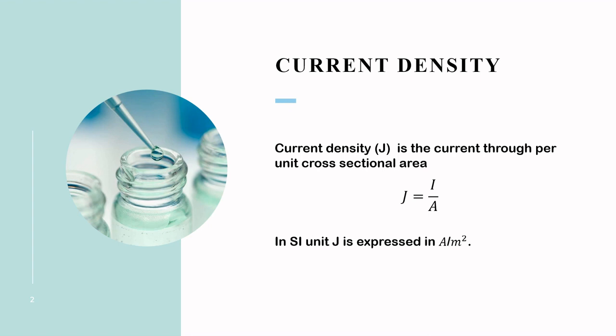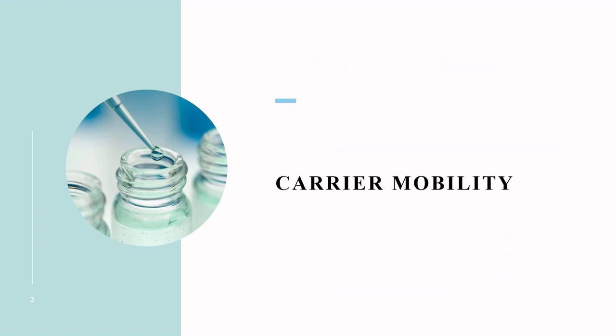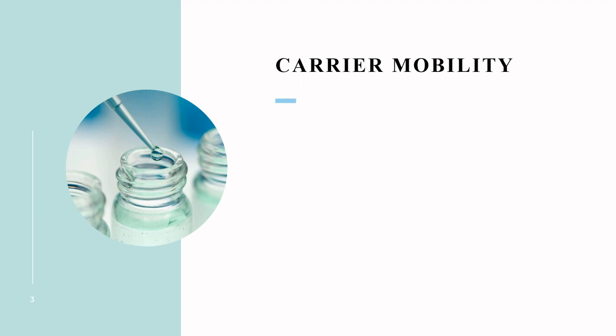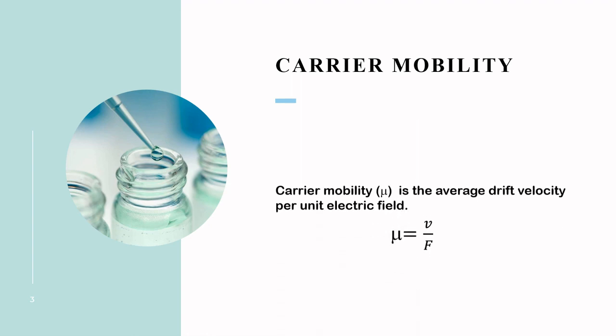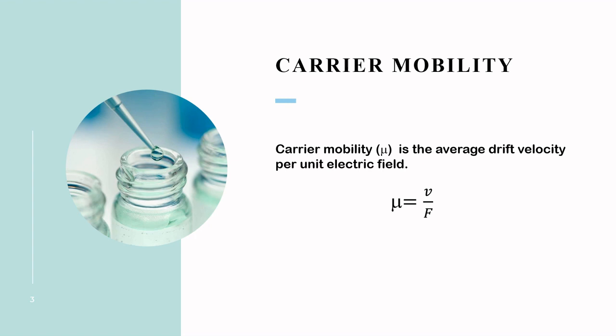Our next topic of electrical conductivity is carrier mobility. What is carrier mobility? Carrier mobility, which is defined by mu, is the average drift velocity per unit electric field.